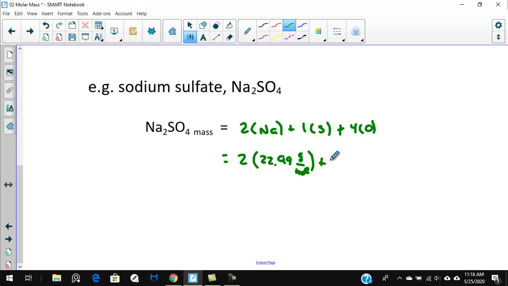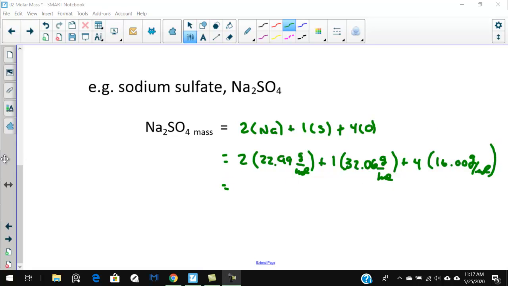plus 1 sulfur. The sulfur is 32.06 grams per mole plus 4 oxygens at 16 grams per mole. Okay, and if we add that all up and use our calculator, we get a total of 142.04.